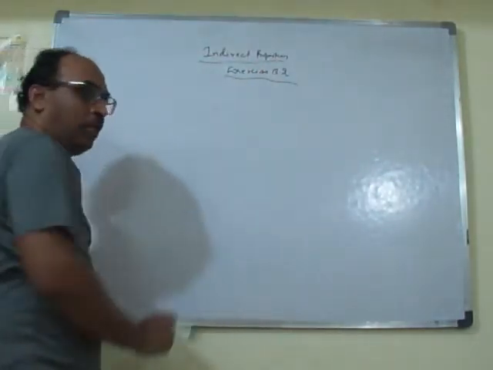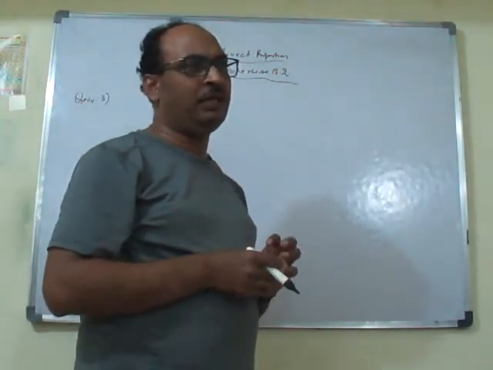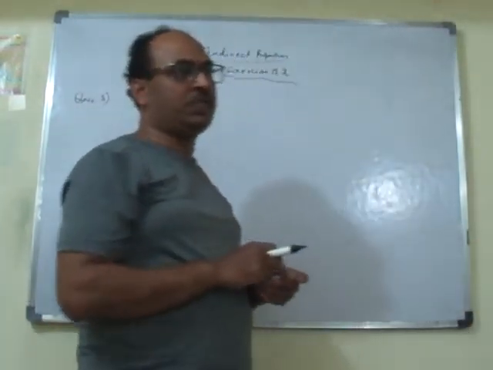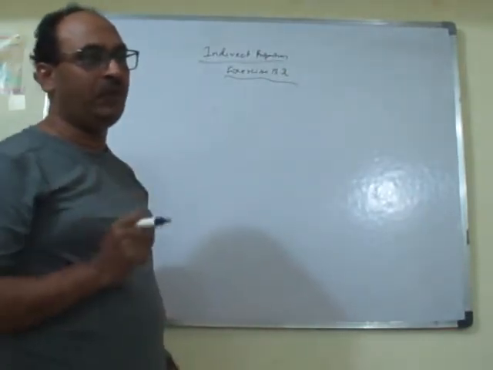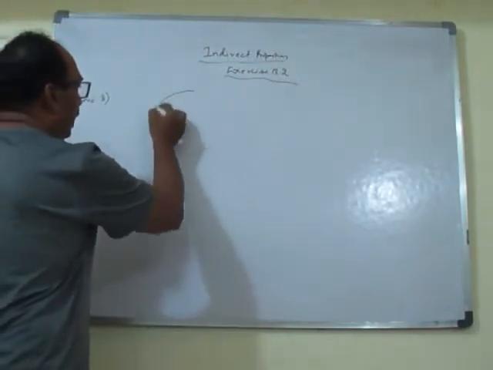So what is question number 3? Rahman is making a wheel using spokes, and he wants to fix equal spokes in such a way that the angles between any pair of consecutive spokes are equal. So he is making a wheel.